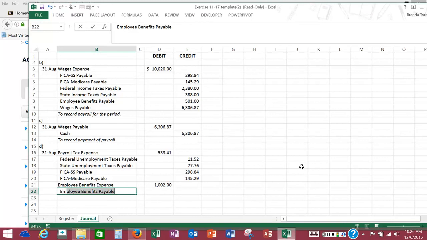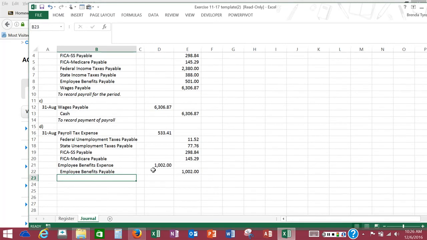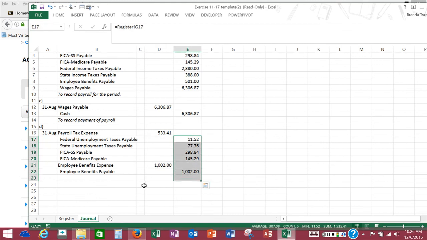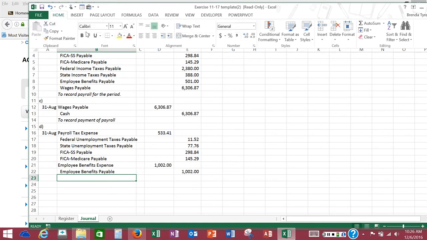And then we'll do the employee benefits payable for that same amount. And our debits and credits should be in line. We've got 1535.41 and 1535.41. This one we're going to say to record costs of employee benefits.